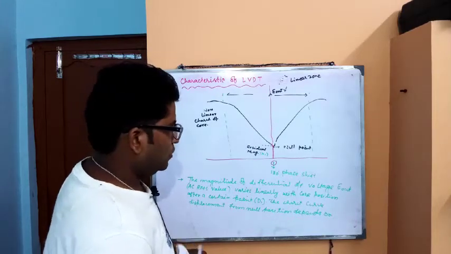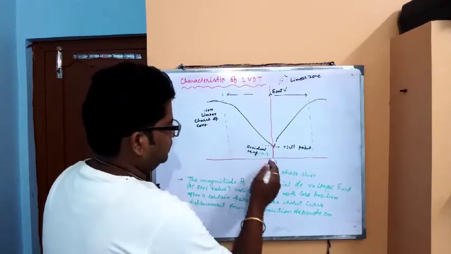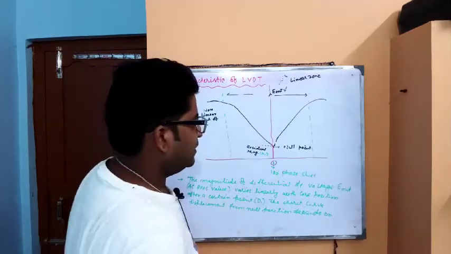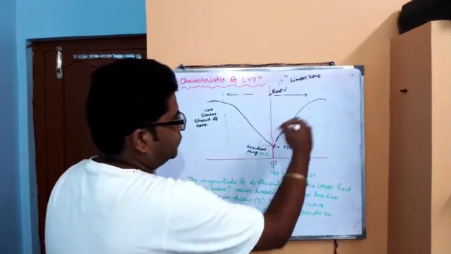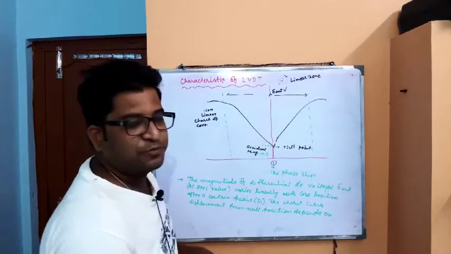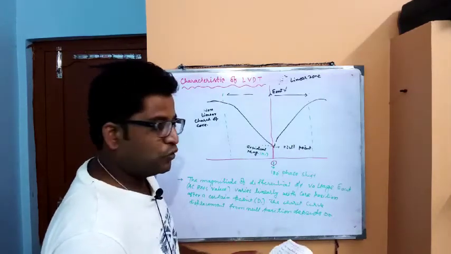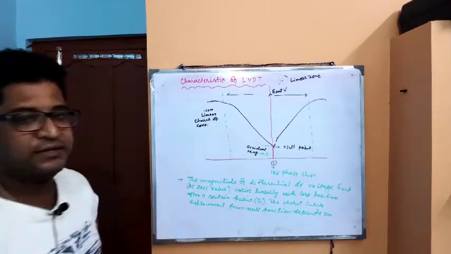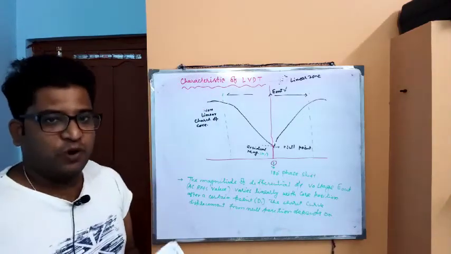Now, if we consider this right hand side curve, it represents the movement of the core in the downward direction. The left hand side curve represents the movement of the core in the upward direction.